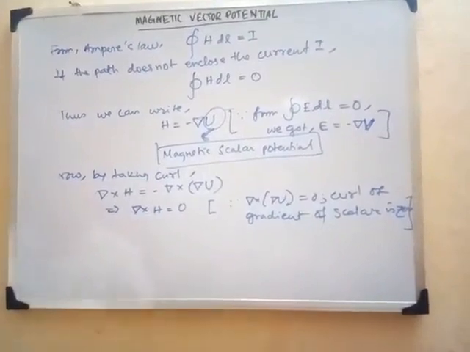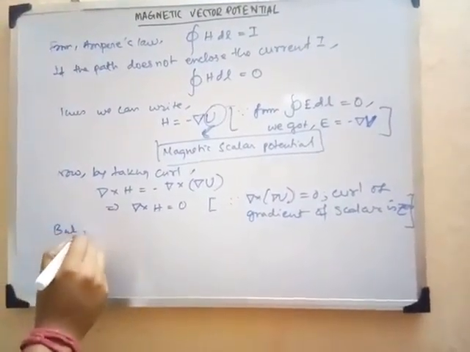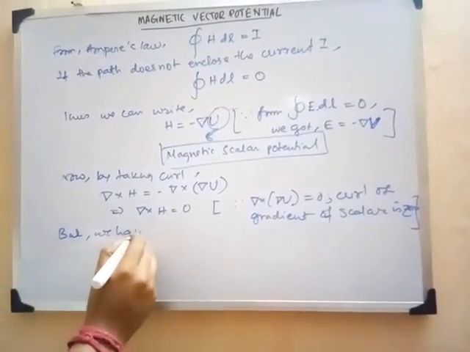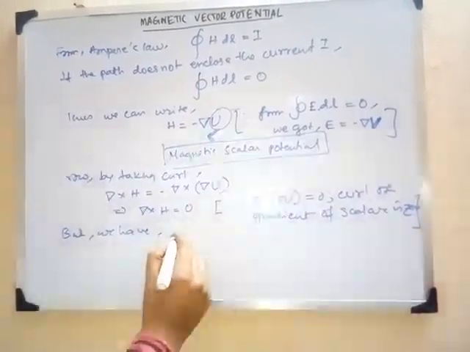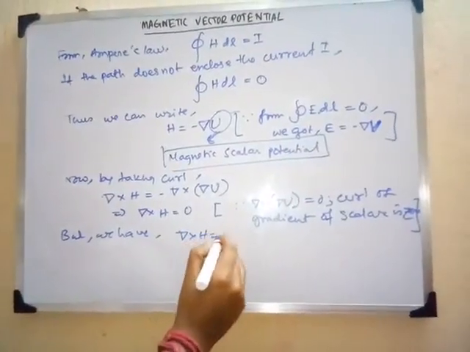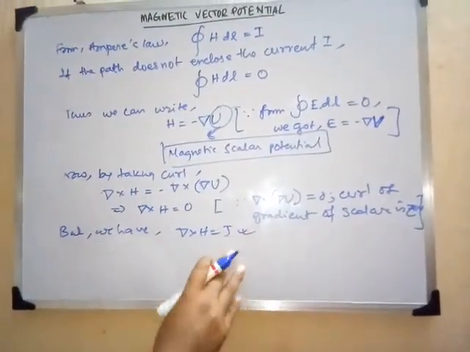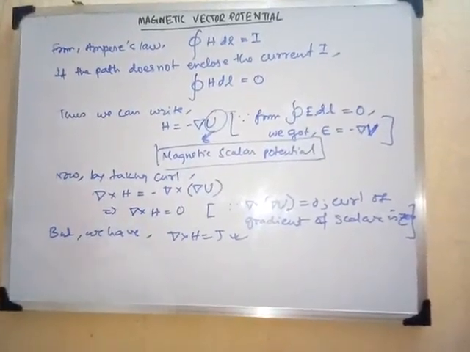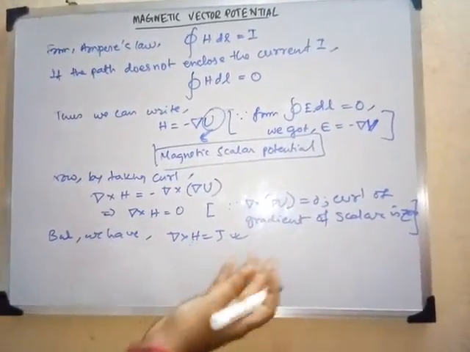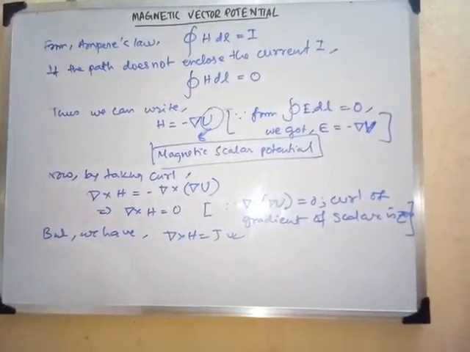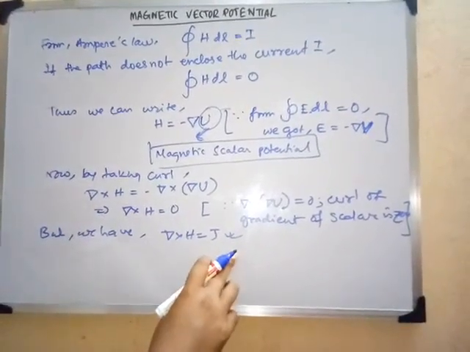But we have del cross H is equals to J. You remember this expression? We got it from the relation between J and H, just as we did before. So del cross H is equals to J we got.